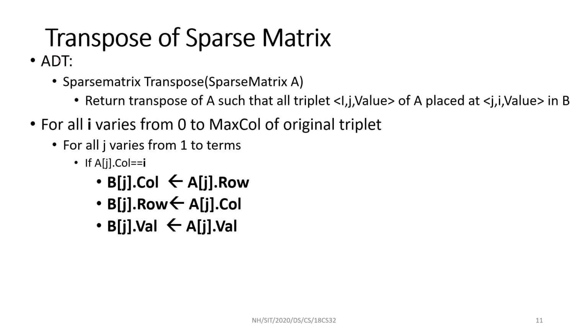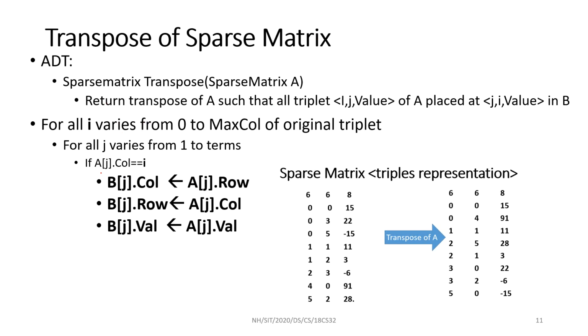You know that in transpose we interchange the row value and the column value. If B is my resultant matrix and A is the original matrix, I have to transpose A, which produces B. How to transpose it? In this case, we have to repeat for that many columns.